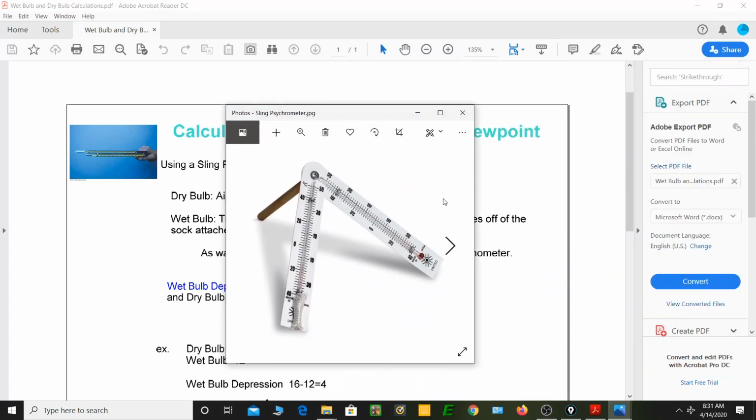This is a Sling Psychrometer, and it's a stick that we spin around in the air. It's got two thermometers. This is a dry bulb. This is a wet bulb. The dry bulb simply tells the temperature of the air. The wet bulb has a little piece of cloth that's dipped in water, and as water evaporates off of this, it draws heat out of the thermometer and causes the temperature to go down.